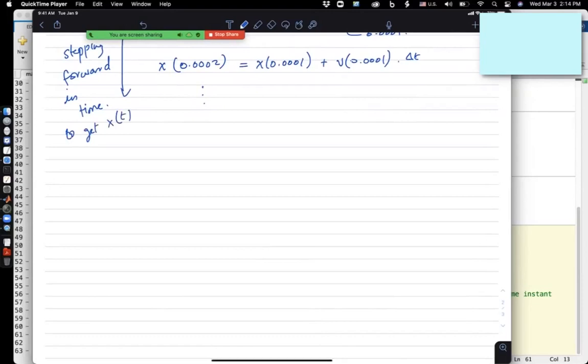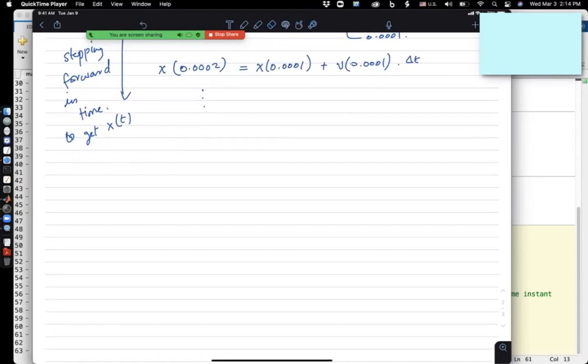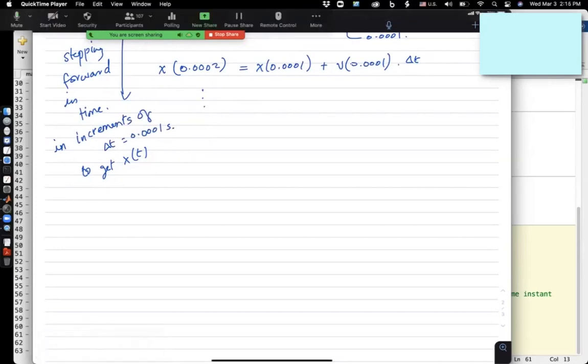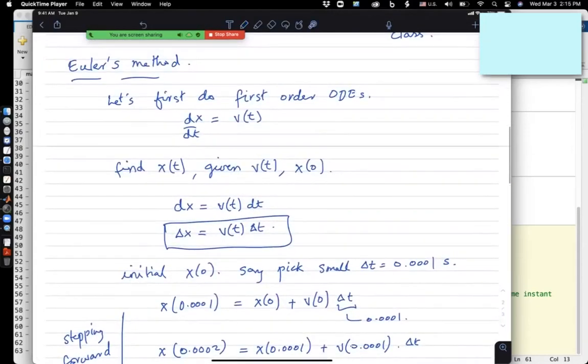Basically you're stepping forward in increments of delta t equals 0.001 seconds, okay? That's what you're doing, and you get x of t, that's it. That's very simple. This really simple thing is called Euler's method.